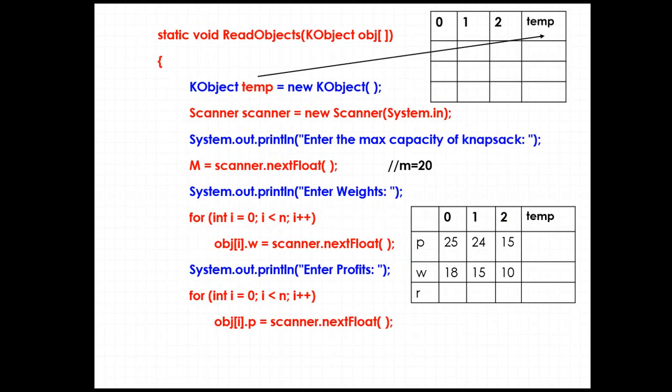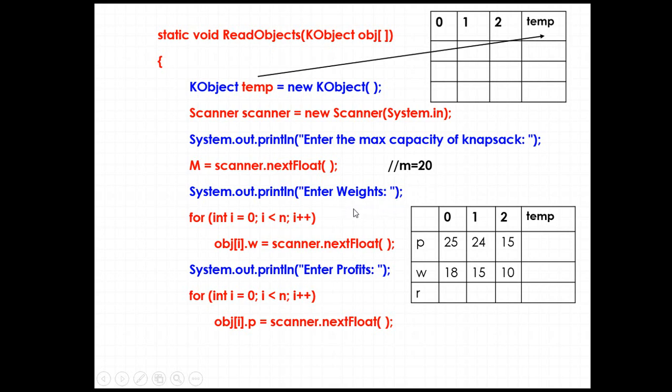Now we are in the read object function, where we are declaring one more variable, that is temp. Temp will be used to sort the values, right? Next, enter the maximum capacity of the knapsack, where we are going to read the M value. In our example, M equal to 20.